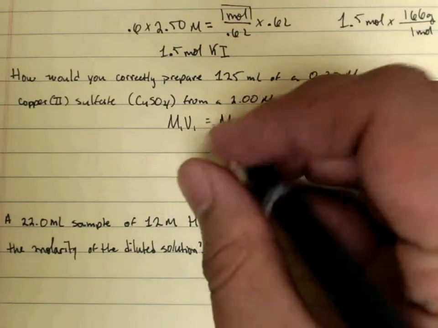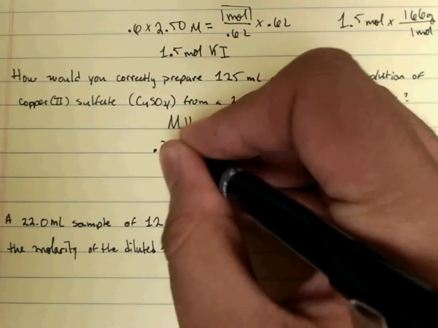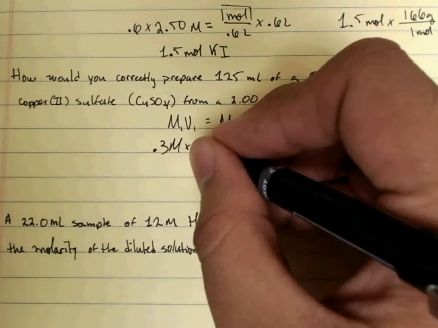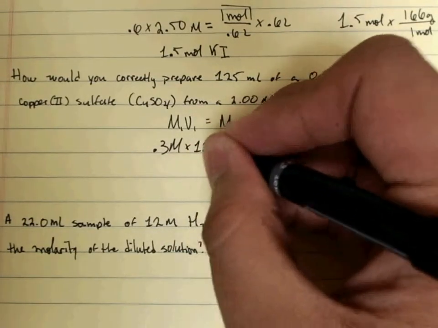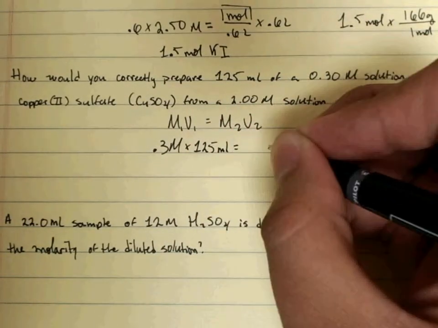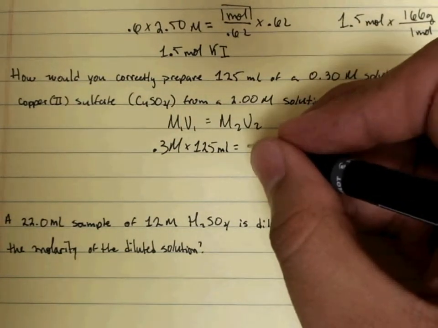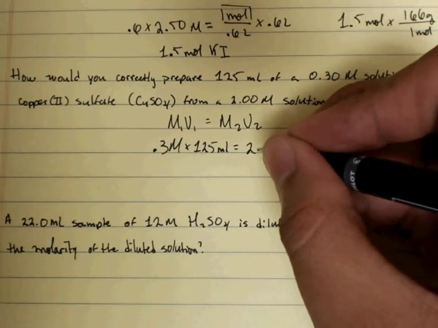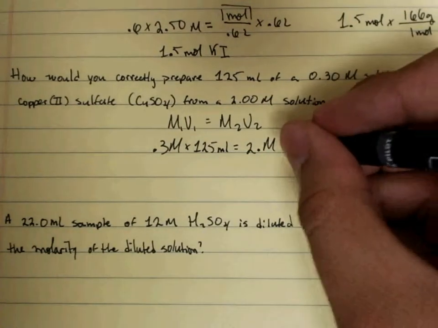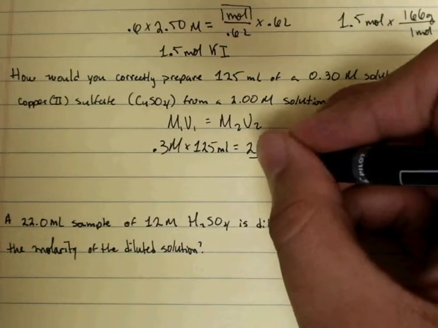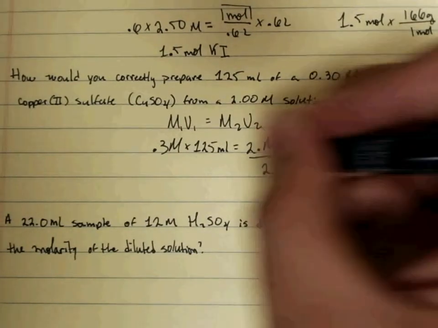So I have a 0.3 molar solution and I have 125 milliliters of it, and that's going to be equal to the 2 molar solution I want, but I don't know how much volume I need, so I'm going to divide both sides by 2 molar.